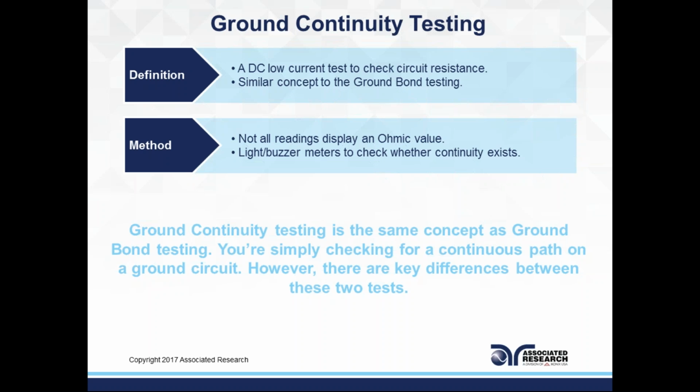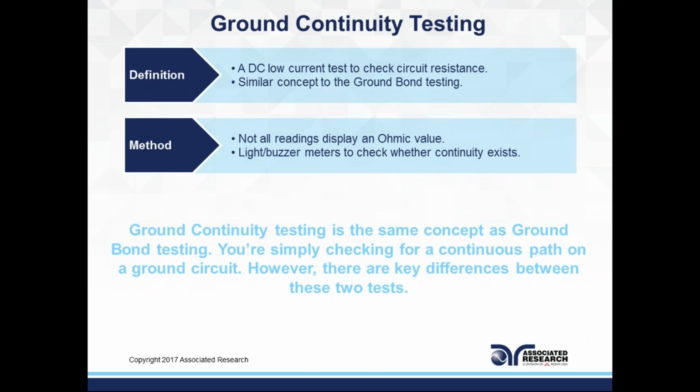Because the majority of the standards, even the medical standards, usually call out for just a continuity test. Well, what is a continuity test? A continuity test, defined in terms of current, is just a low DC current to check for a continuous path. And it doesn't even require any kind of numbers for your ground continuity test.